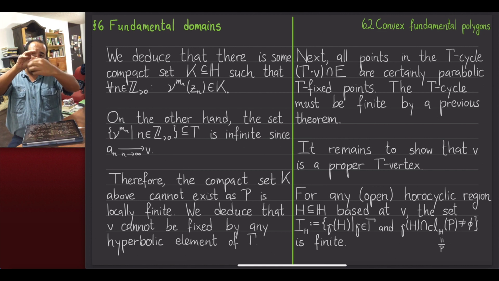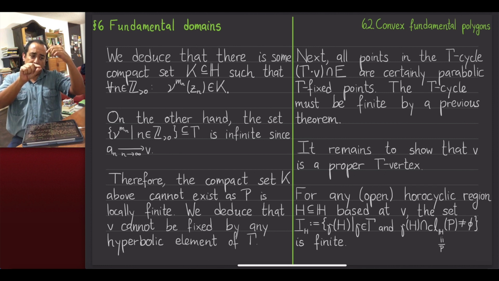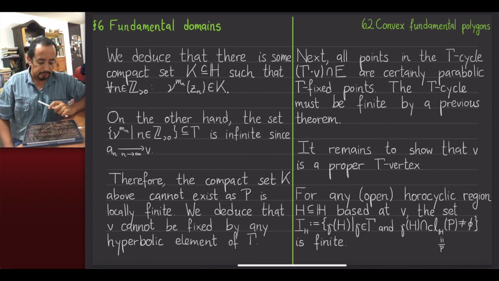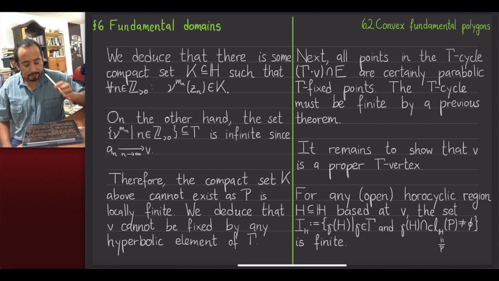But some of these images may not contain the original point. So what I did was shrink the compact neighborhood by taking a sufficiently small compact disk, and for that I used that there were only finitely many images, so that for the new compact disk, if any given image intersected this compact disk, then it automatically contained also the point Z. So it's going to be similar to this trick.